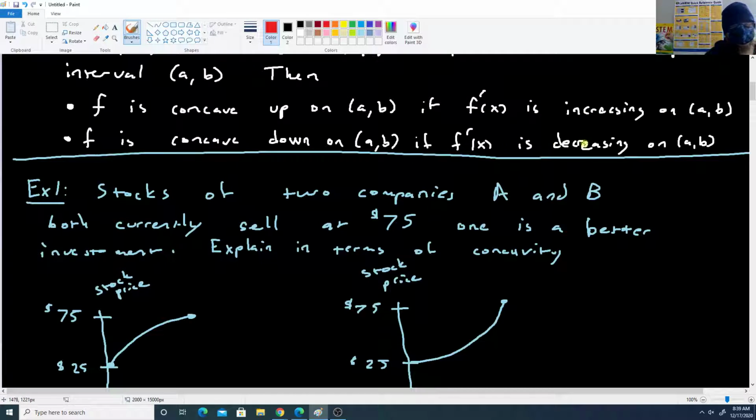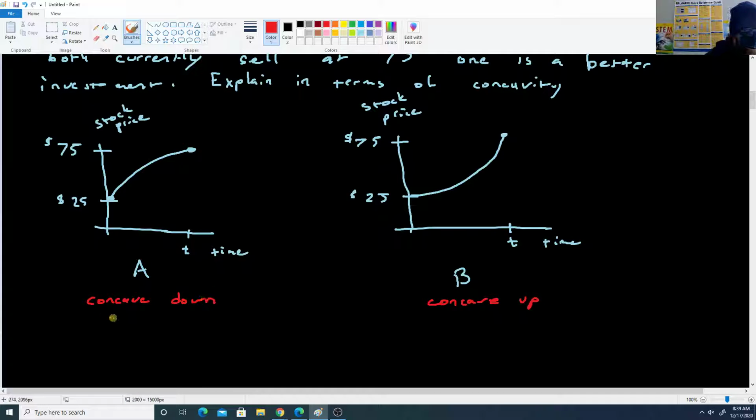If you're concave down, f prime is decreasing. So we're concave down, which tells me that the rate of change of the stock, the first derivative, is decreasing. So we're concave down, so f prime is decreasing. We're concave up over here, so f prime of x is increasing.